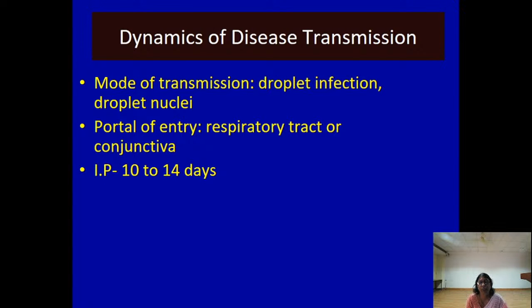Coming to transmission of the disease, it is very important. Why do you want to know about disease transmission? When you want to apply control measures, you should know where you want to intervene. If you intervene where it is spreading, then it works.